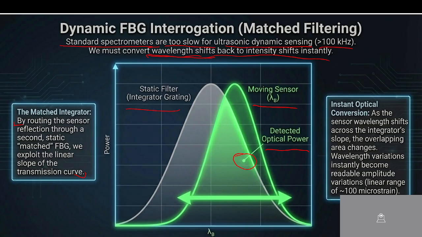As the sensor wavelength shifts across the integrator slope, the overlapping area changes. Wavelength variation instantly becomes readable amplitude variation. Linear range of 100 microstrain.